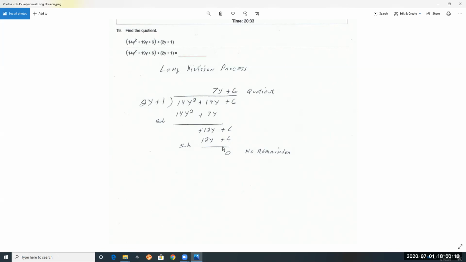We would like to subtract. That's done by adding the opposite. The opposite of both these terms becomes negative 12y and a negative 6. When added to the above, it cancels, giving me a remainder of 0. So in this particular problem, there is no remainder. The answer to this long division is just the quotient 7y plus 6.